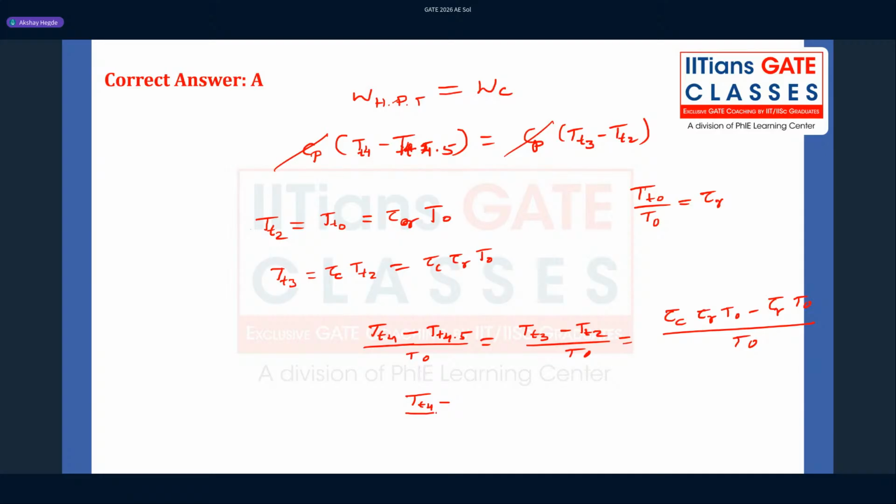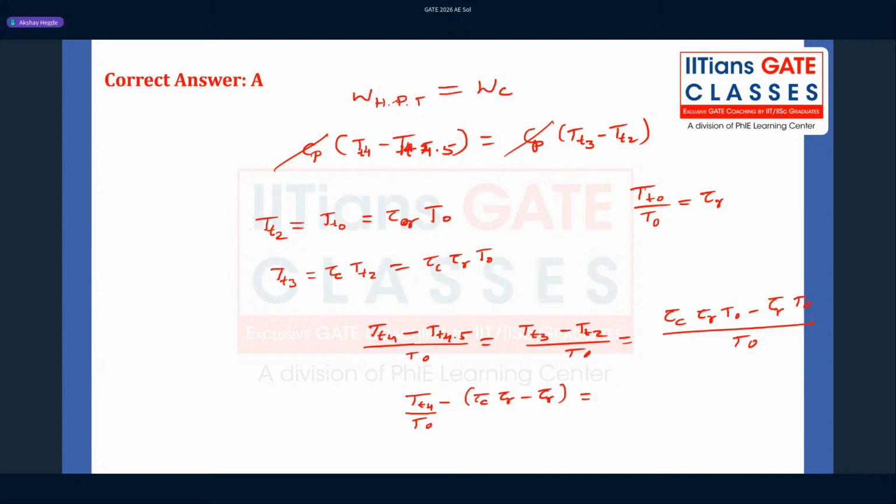That becomes Tt4 divided by T naught, minus all these terms moved to the other side: tau c tau r minus tau r.